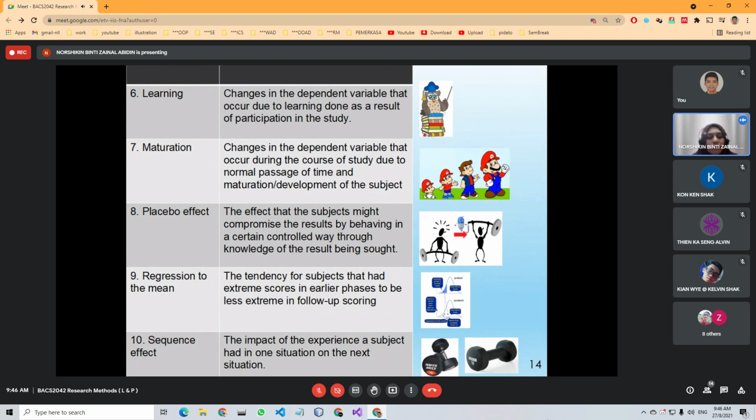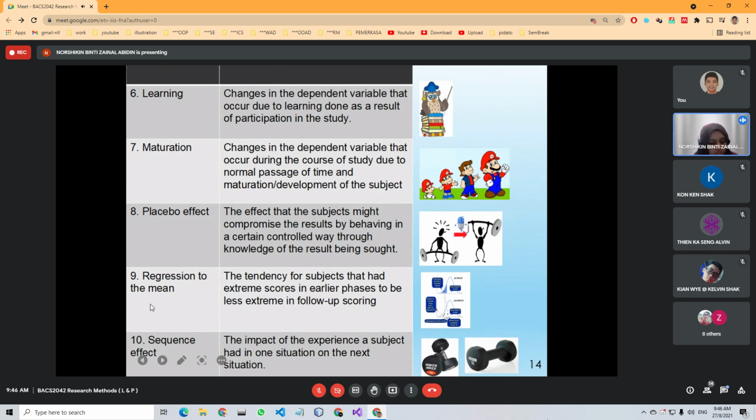For example, we got fever, but then we think that we are not sick at all, then we don't feel that fever anymore, we are not that sick anymore. So I think that is placebo effect in medicine. So this one is the example, okay? So that one is placebo effect, it will affect the result, okay?